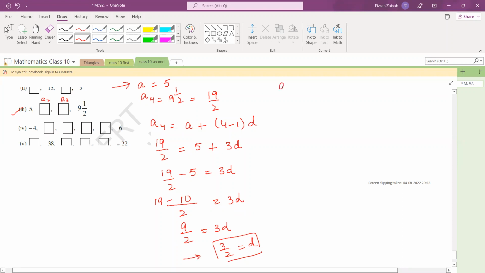So you are interested in a2, that becomes a plus 2 minus 1 into d. Now a is 5 plus 1 into 3 by 2. That becomes 5 plus 3 by 2. And that becomes 13 by 2, right? Similarly, you can write a3.